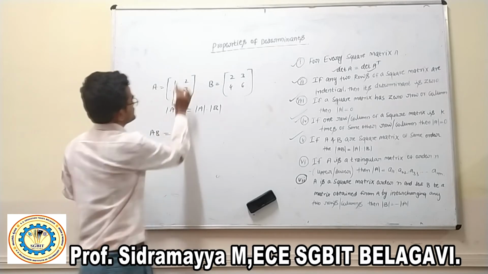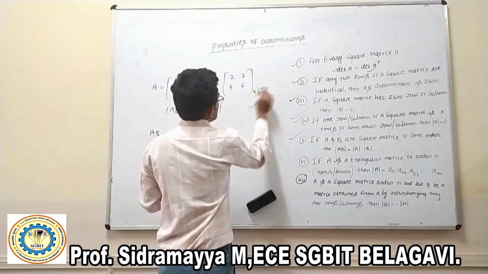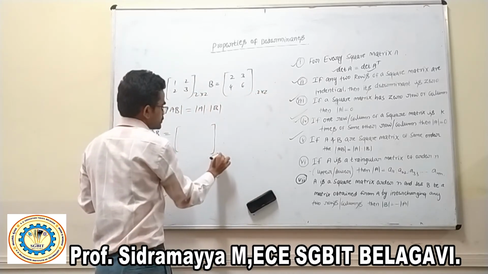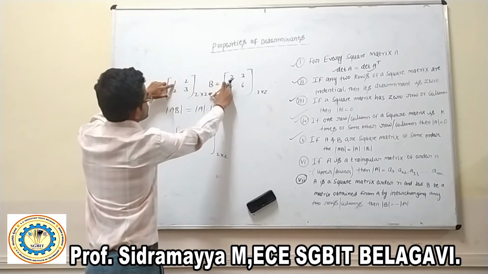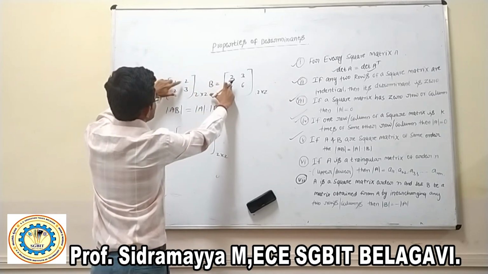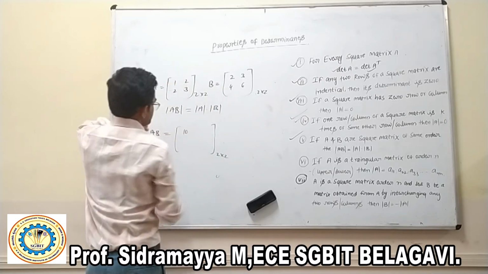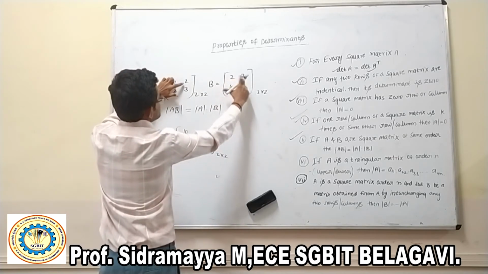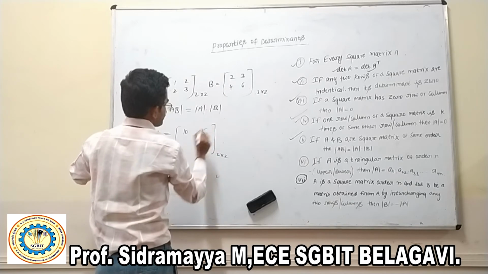A into B is a 2 cross 2 matrix, since both are 2 cross 2. Here, first row, first column: 1 into 2 is 2, plus 8, 2 plus 8 is 10. Second: 1 into 3 is 3, 3 plus 12 is 15.